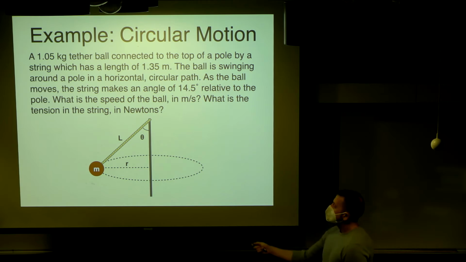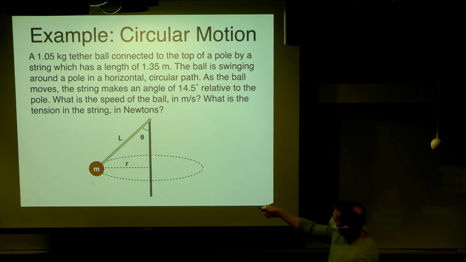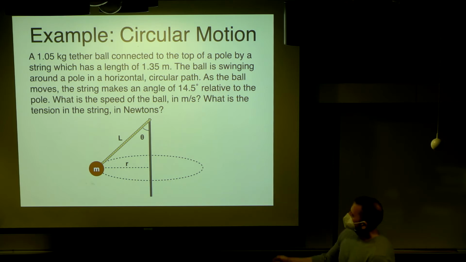Let's say it's just moving in a nice circular path around the pole like this. We set it in motion so that it's moving in a circle, and we'll give the angle that the string makes with respect to the pole. That's going to be 14.5 degrees right here.